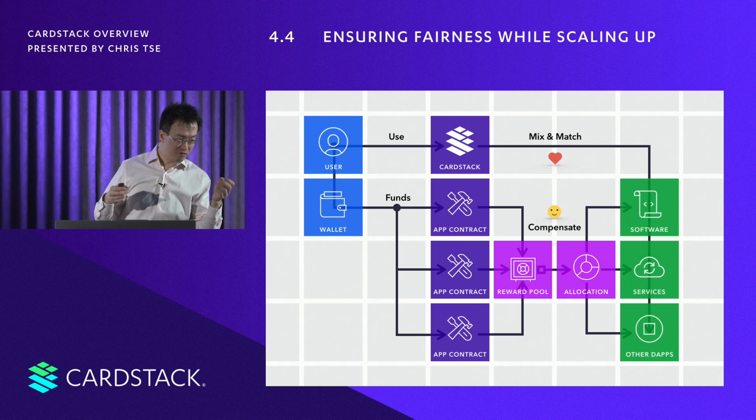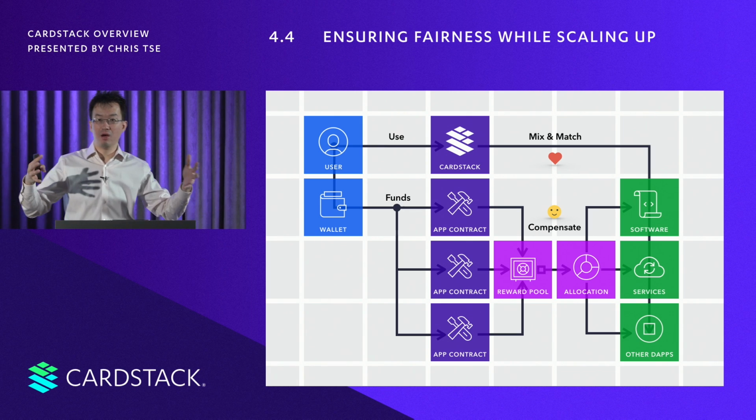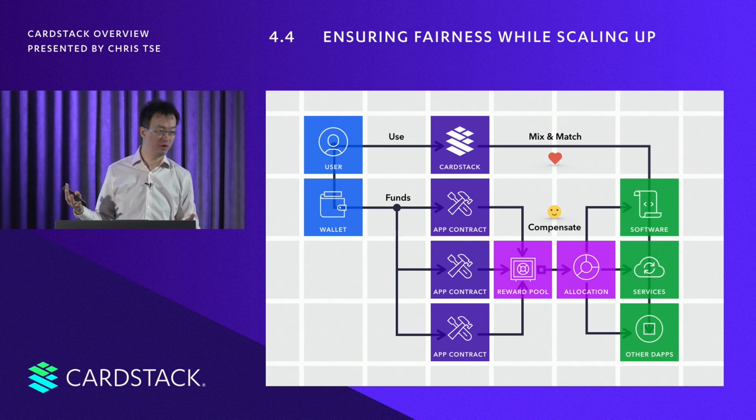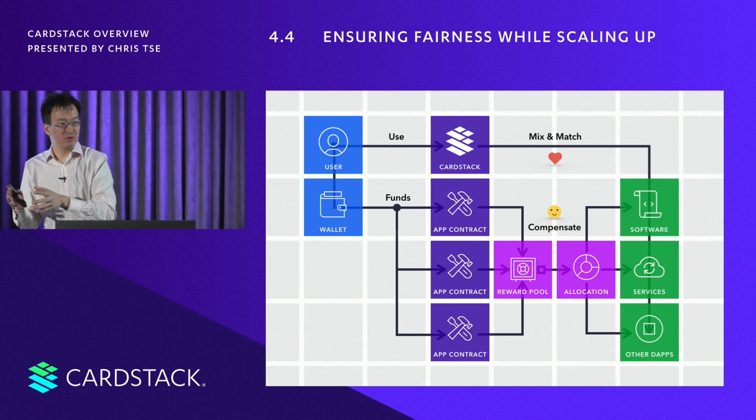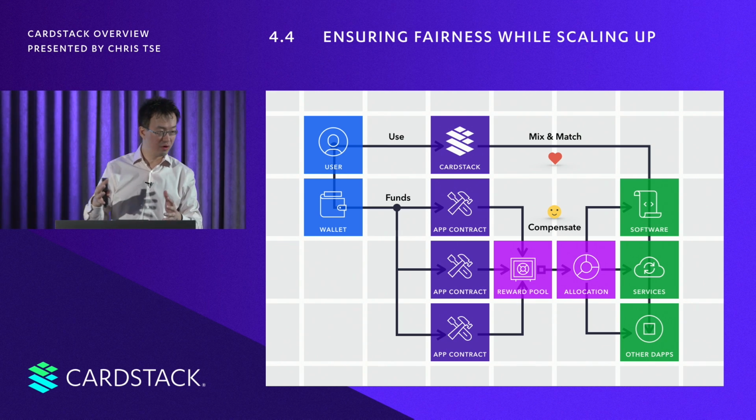And for developers or people who are making applications or making a living in this new decentralized world, they know that if they have the right signals into this reward pool, and we have to talk a little bit about how that all works later, they will be allocated a fair share.